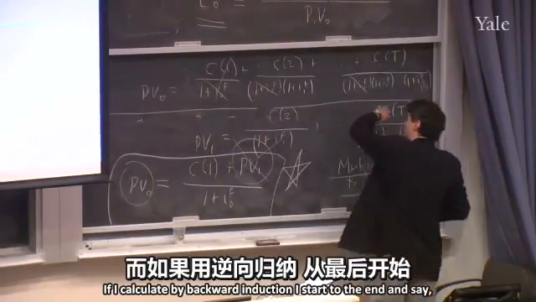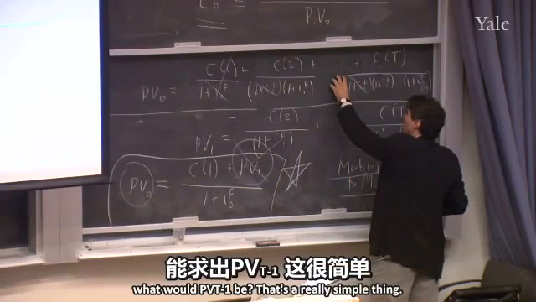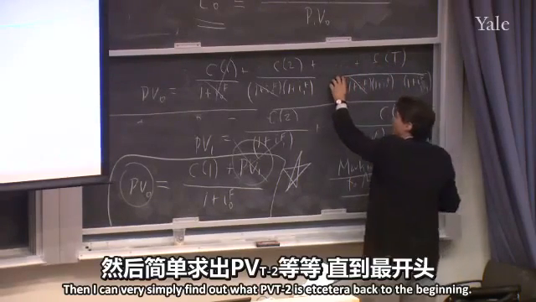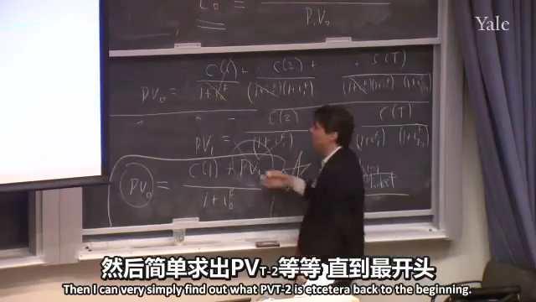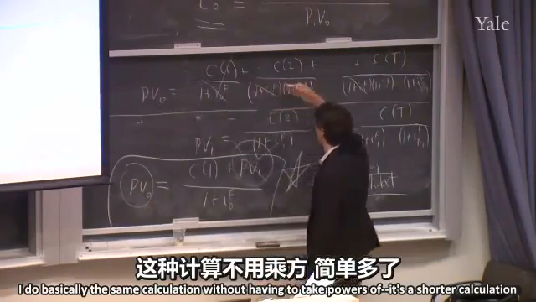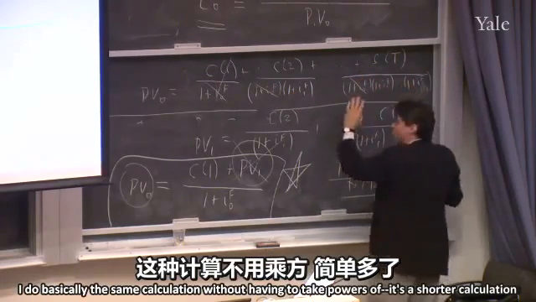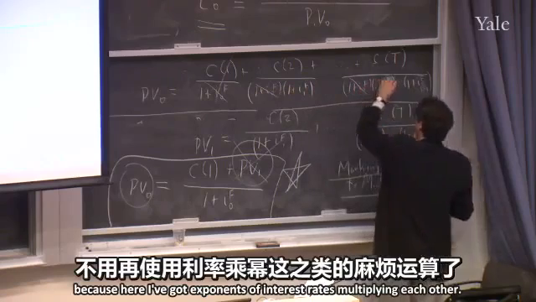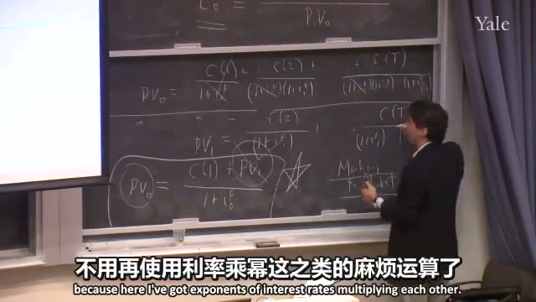If I calculate by backward induction, I start at the end and say, what would PV t minus 1 be? That's a really simple thing. Then I can very simply find out what PV t minus 2 is, etc., back to the beginning. I do basically the same calculations, but it's a shorter calculation, because here I've got exponents of interest rates multiplying each other.